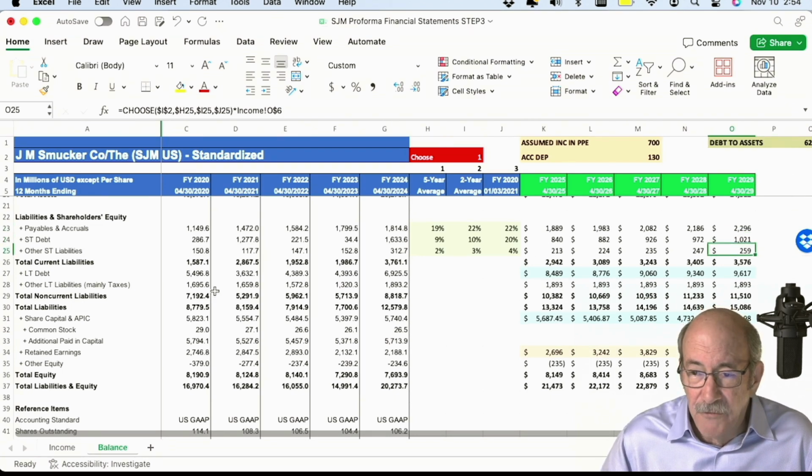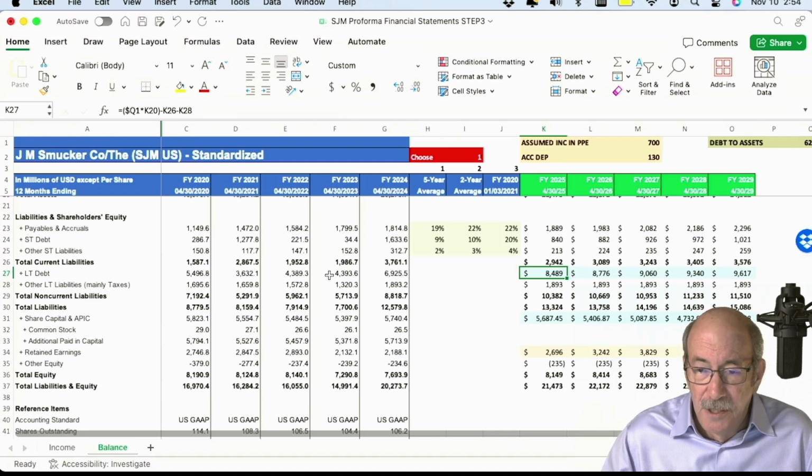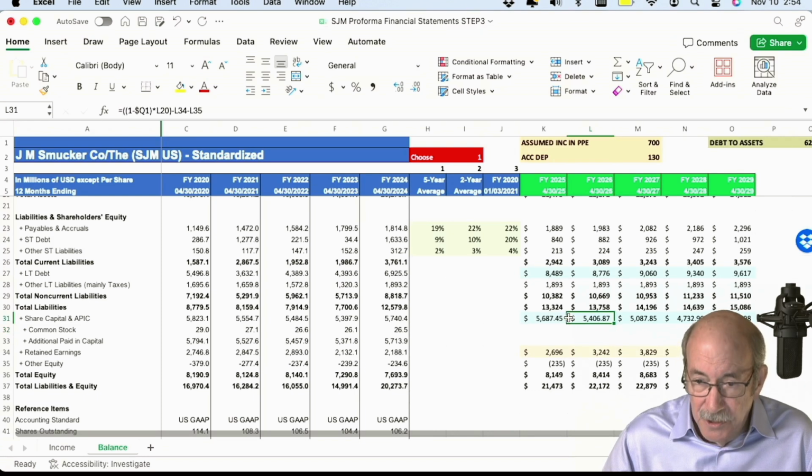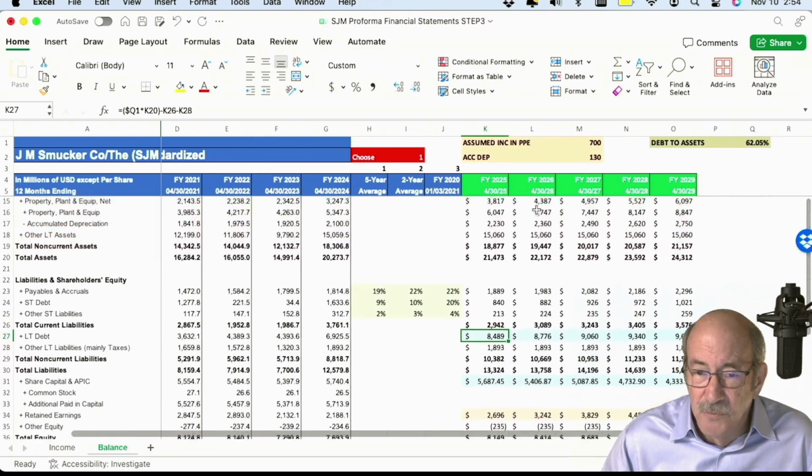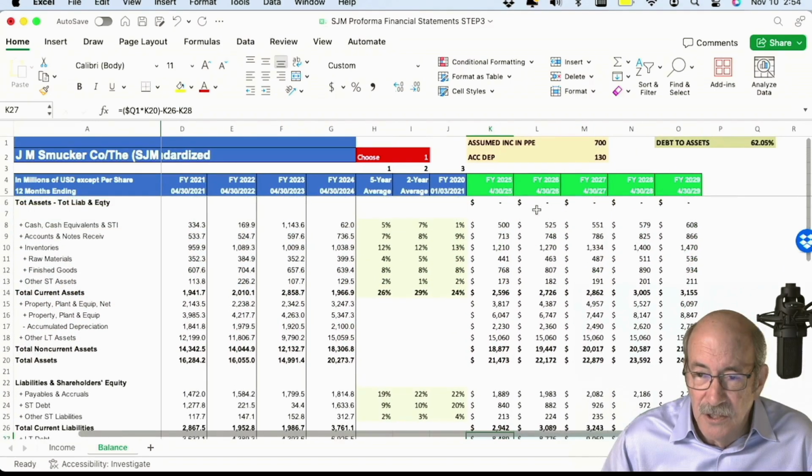All right, so now I've got all of my accounts except for long-term debt and common equity, share capital. The formula here is important. Prior to writing these formulas, I've also gone over here and gotten my approximate debt to asset ratio.